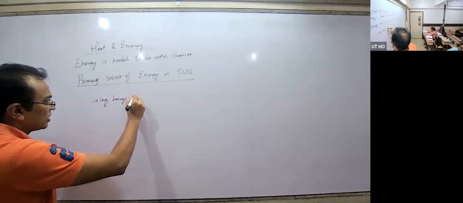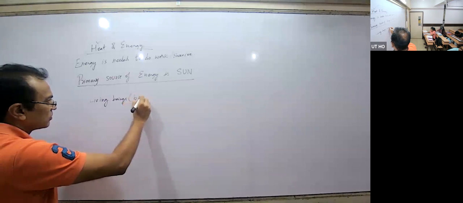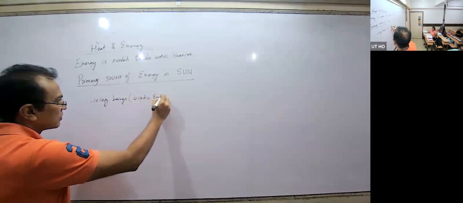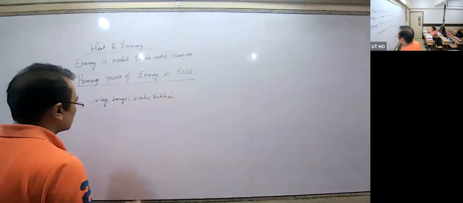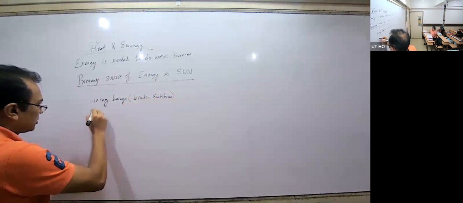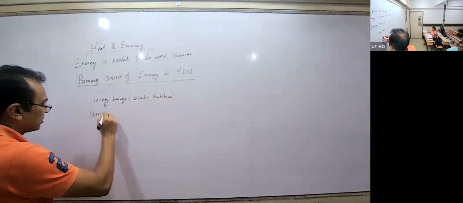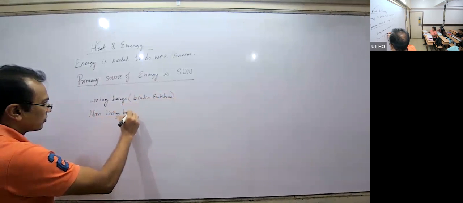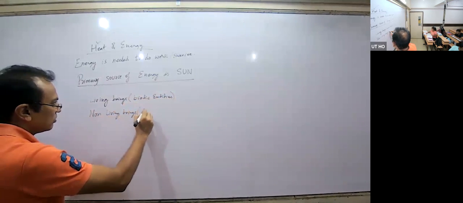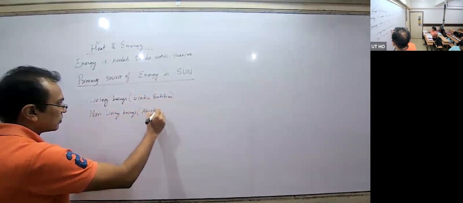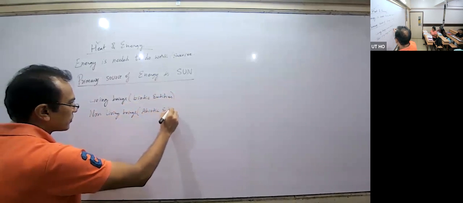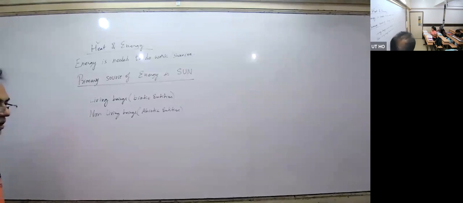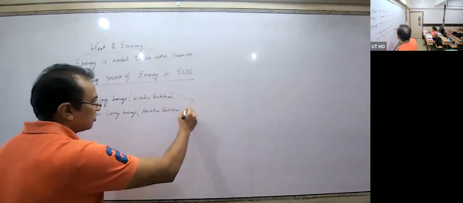Living beings are also called biotic entities, and non-living beings are called abiotic. So living beings and non-living beings together form what? The ecosystem.